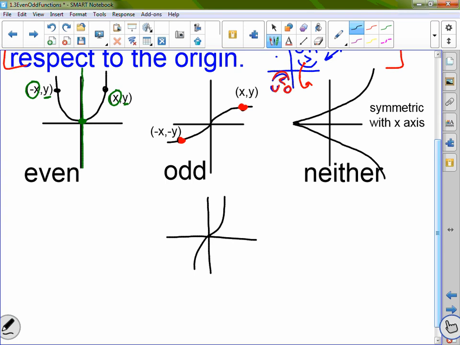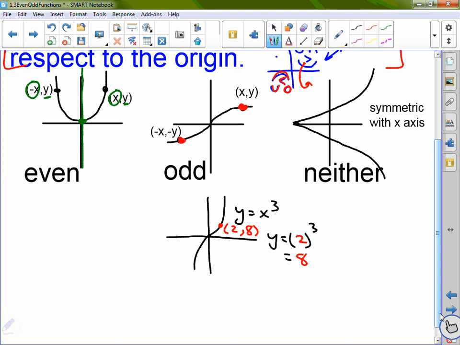We're going to talk about y is equal to x cubed. So if I were to pick, let's say, 2, let's plug that in. y is equal to 2 cubed, which is 2 times 2 times 2, which is 8. Okay. So we have the point (2, 8).